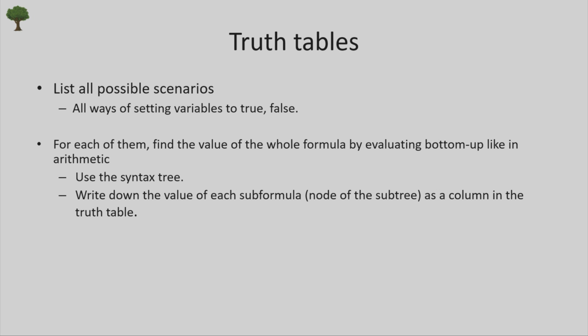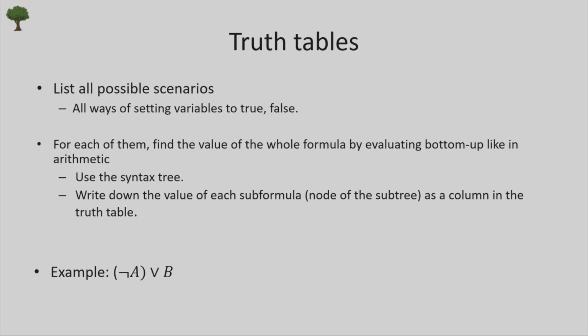And then for every connective, as long as we computed everything underneath it, we could figure out its value. We will keep going until we have the value at the very top node, which will be the value of the whole formula.